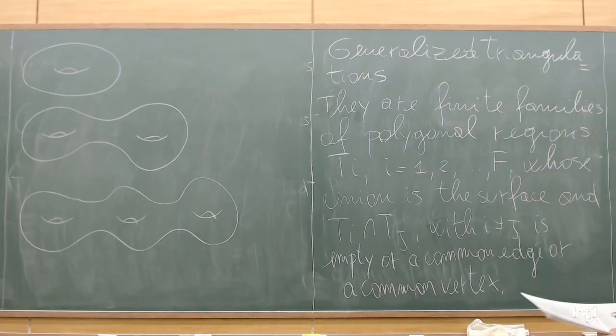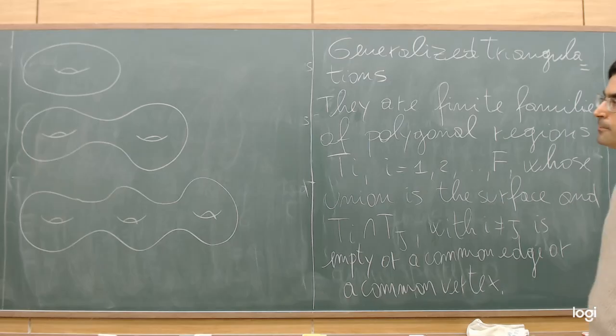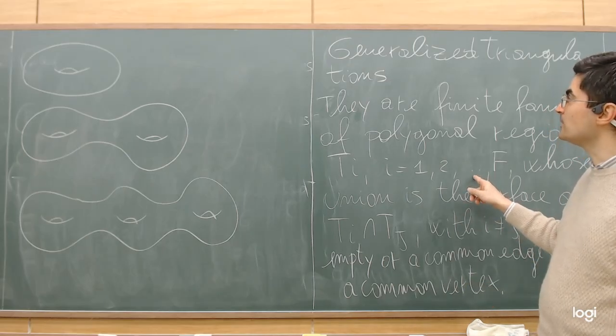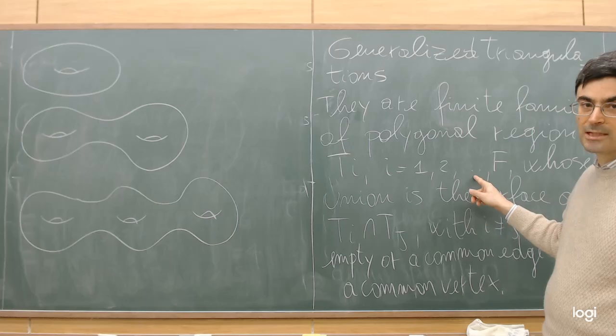It is possible to prove that if you compute the Euler characteristic using this kind of triangulation, you get the same value.